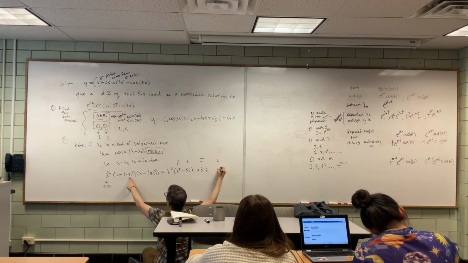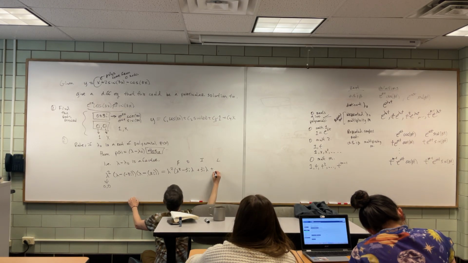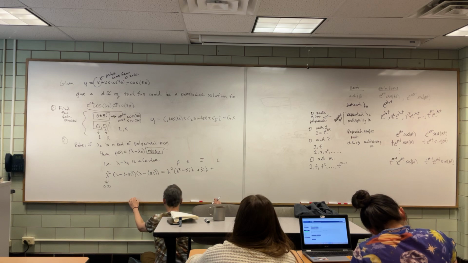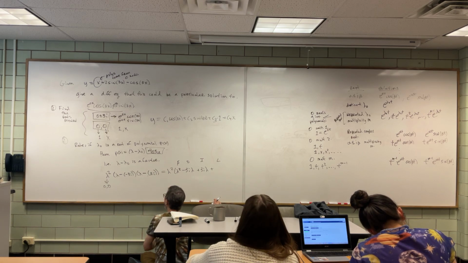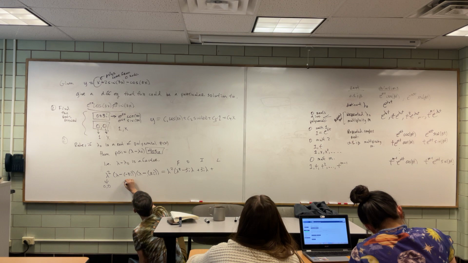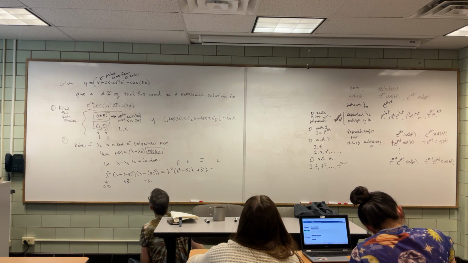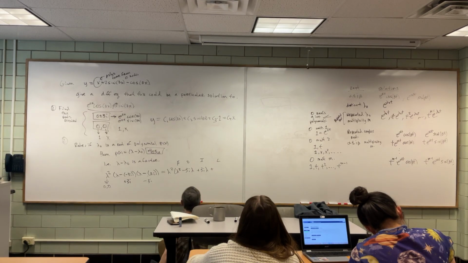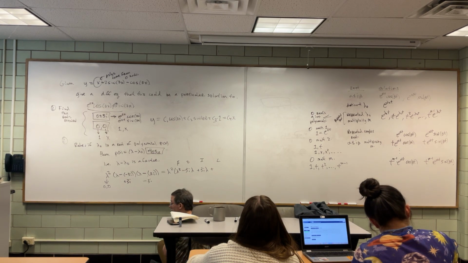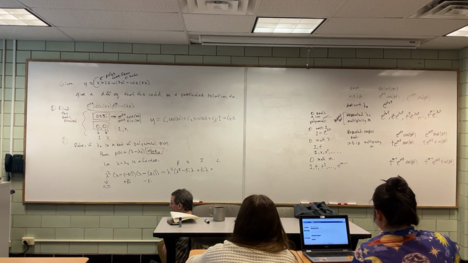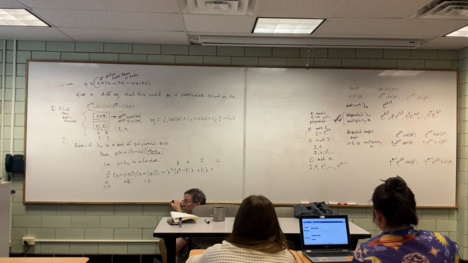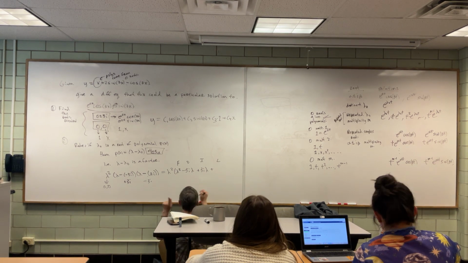And then the L is going to be, what is the L here? So we've got positive 3i times negative 3i. What is that? Negative 9i squared? Yeah, yep.